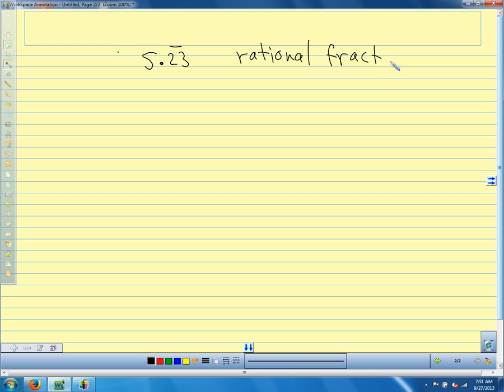And what kind of fraction? A rational number is a fraction of integers. Could a rational number be negative?